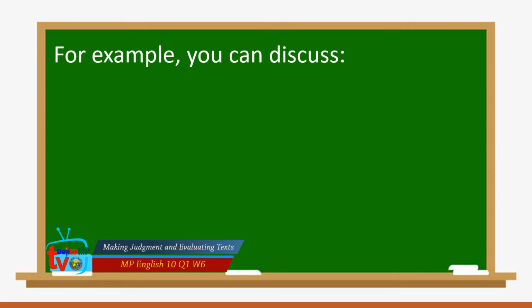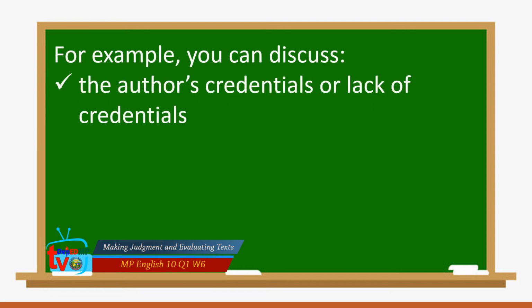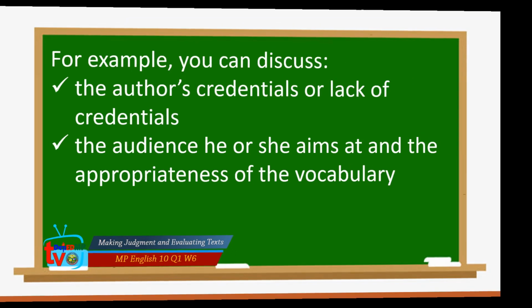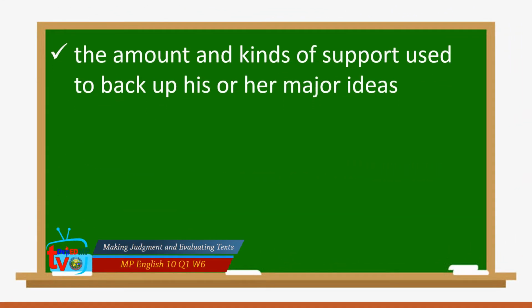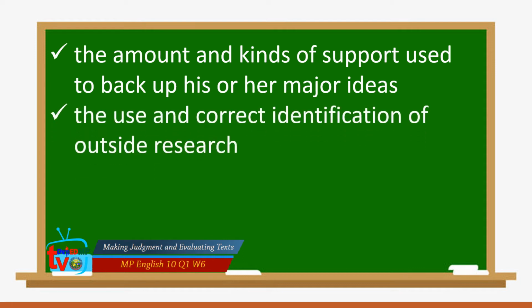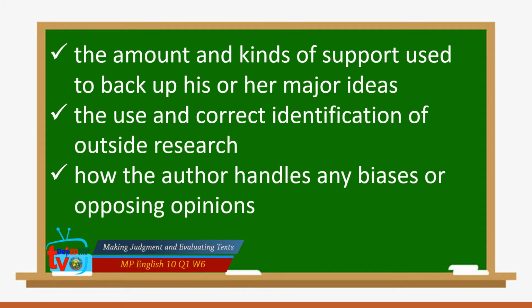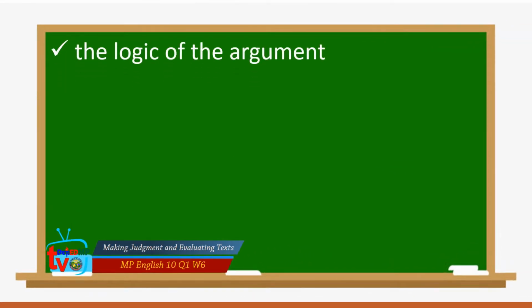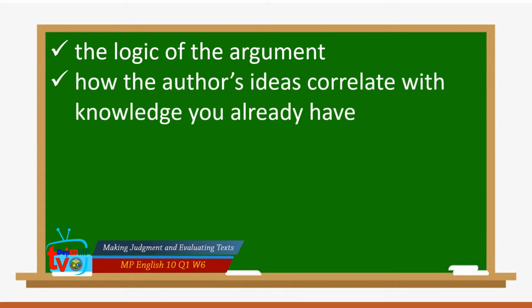For example, you can discuss the author's credentials or lack of credentials, the audience he or she aims at, and the appropriateness of the vocabulary, the amount and kinds of support used to back up his or her major ideas, the use and correct identification of outside research, how the author handles any biases or opposing opinions, the logic of the argument, and how the author's ideas correlate with knowledge you already have.